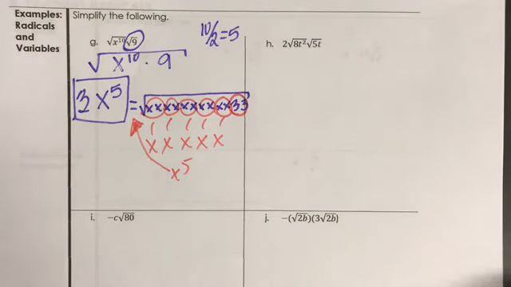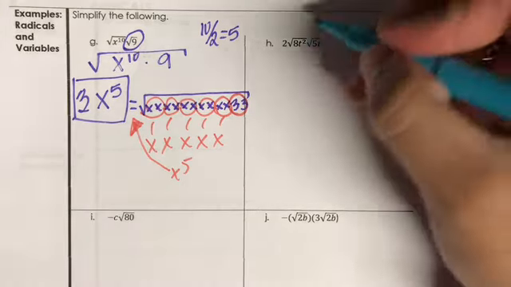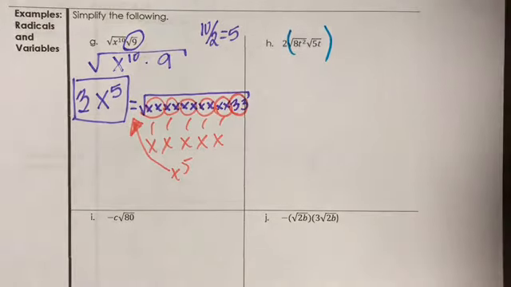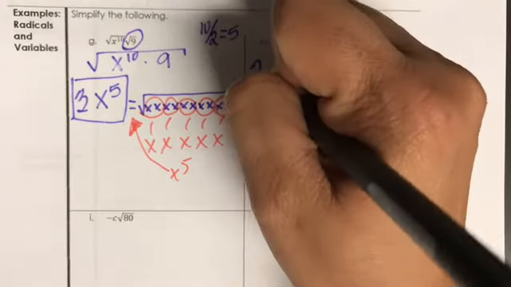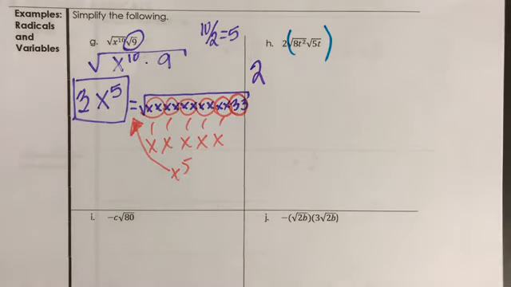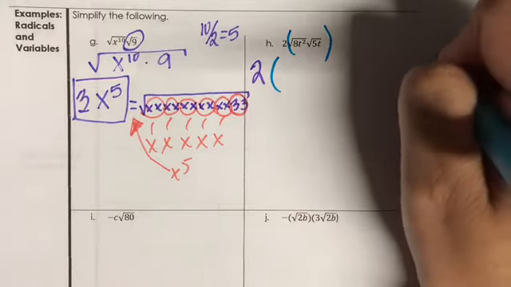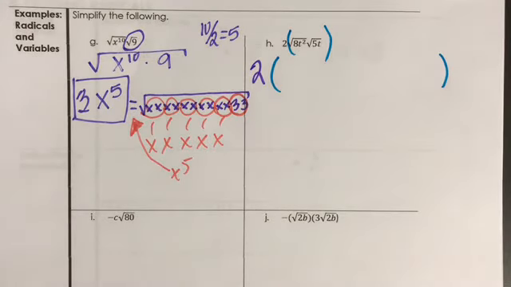Let's look at h. 2 times the square root of 8t squared times the square root of 5t. In this case, we are going to isolate the square roots. So the 2 is going to come out, and then I'm going to multiply what's underneath the square root.